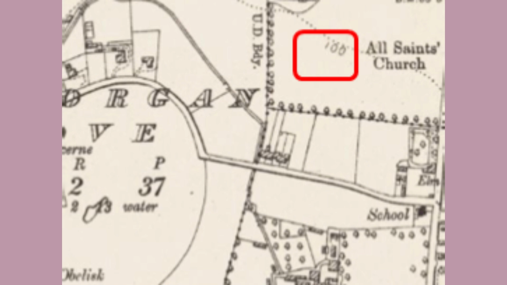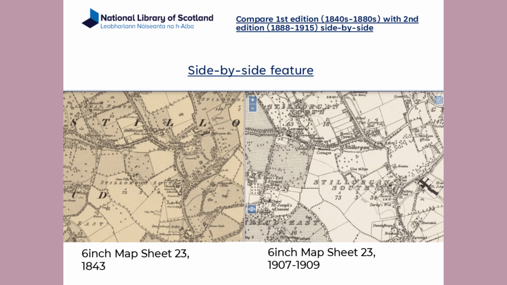level. And the National Library of Scotland also has this side-by-side feature where you can compare two pieces of map from the both dates, so the 1843 map on one side and the 1907, 1909. So when you click on that link, it will just bring you directly into the side-by-side feature.